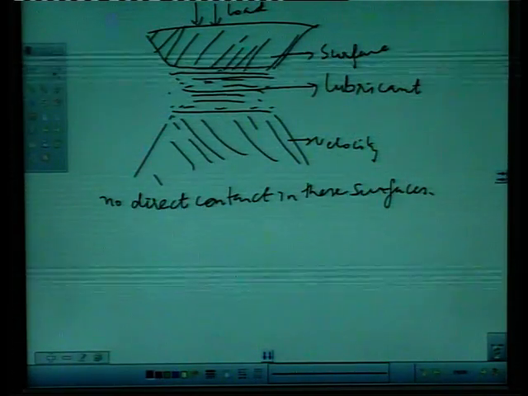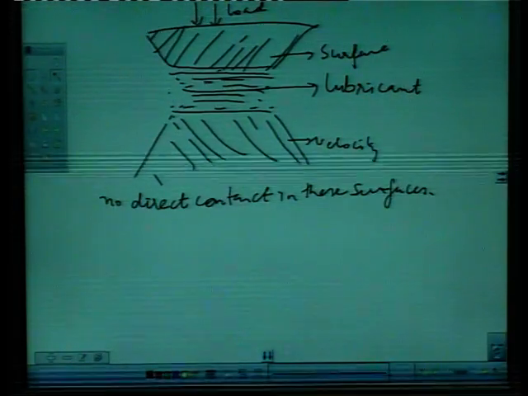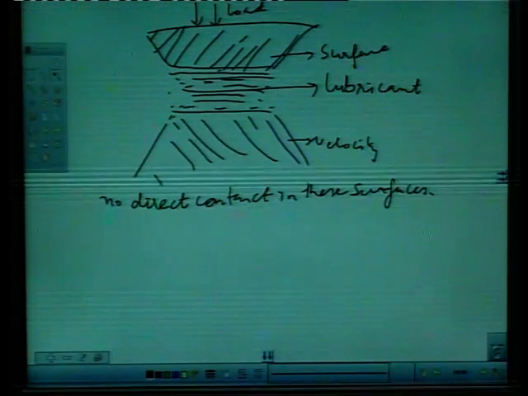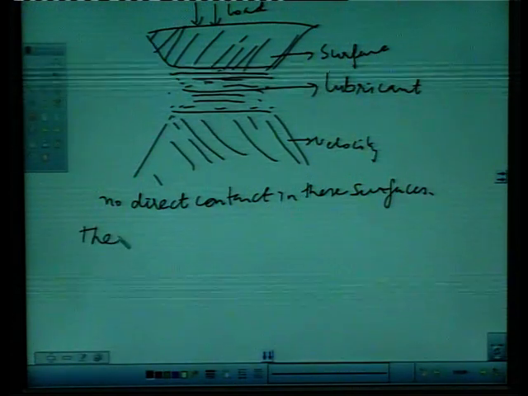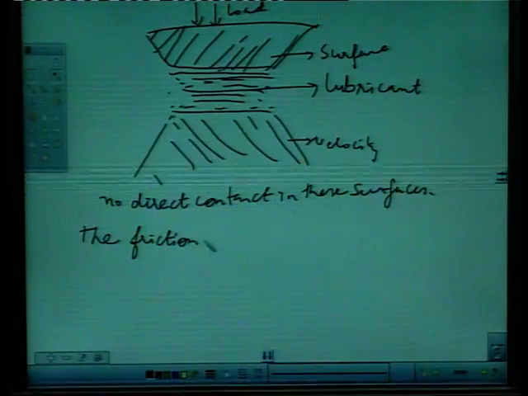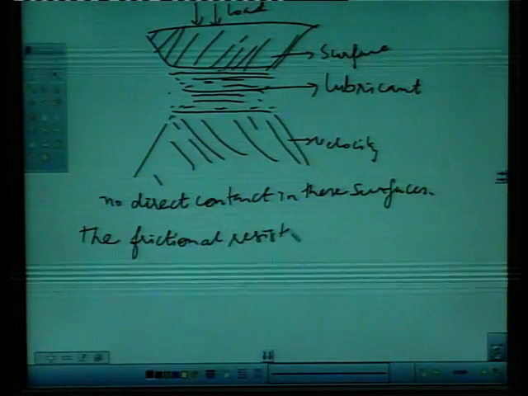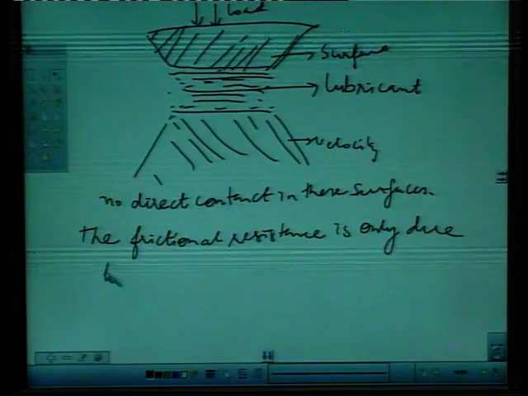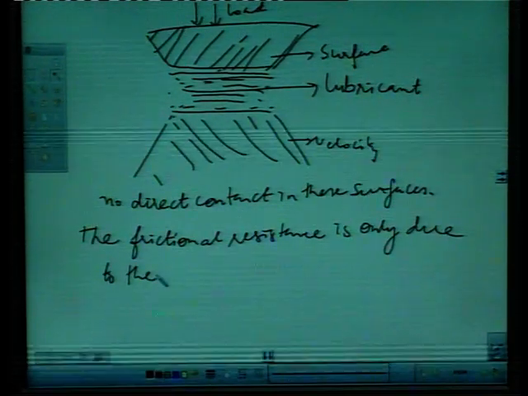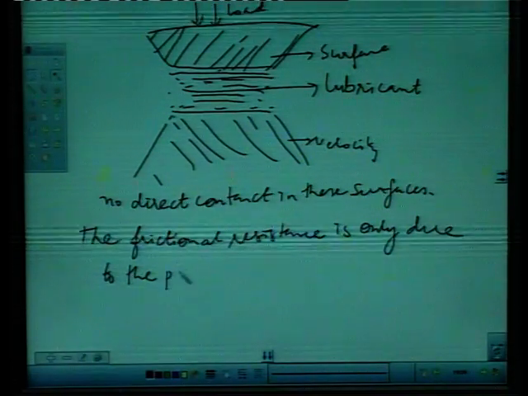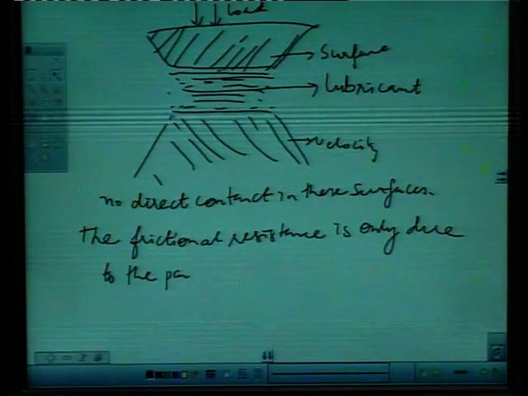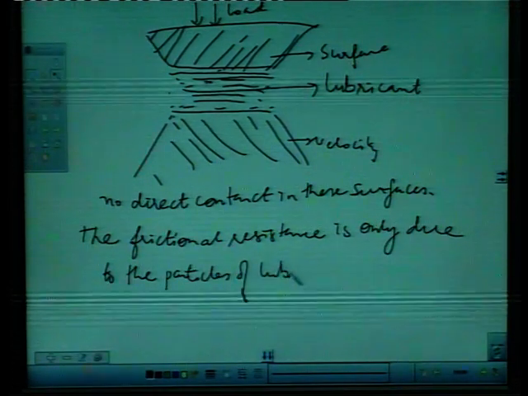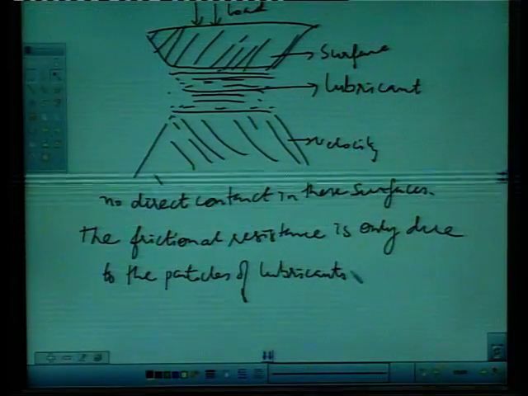The lubricant reduces wear and tear by reducing the friction forces. The frictional resistance to the movement of sliding parts is only due to the internal resistance between the particles of the lubricant, that is, they move with the lubricant.